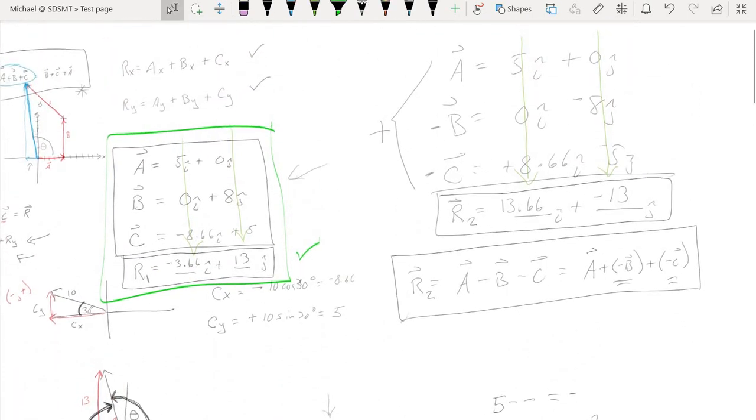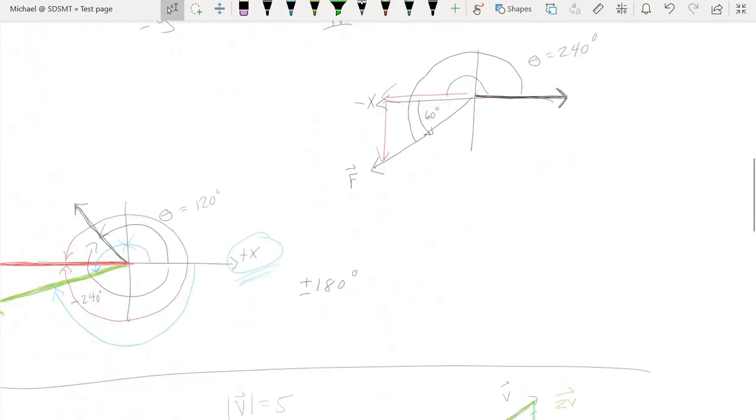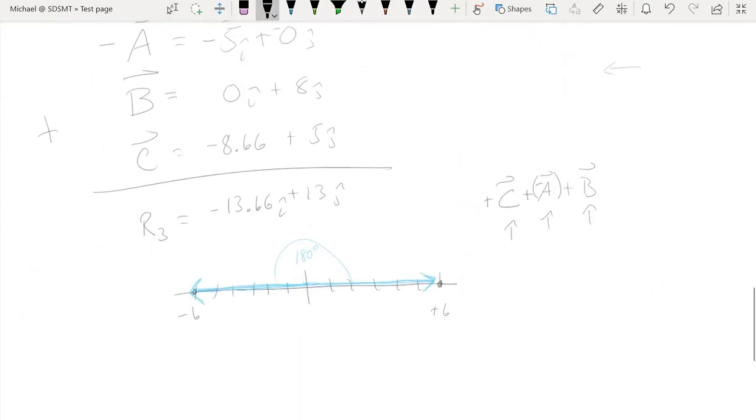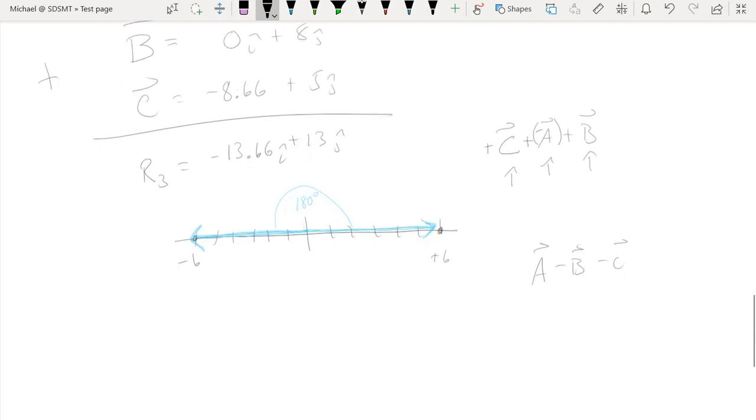The signs are backwards. That's interesting. So we went from having vector a minus b minus c to essentially, what do we have up here? We have the vector negative a. We have positive b, positive c.